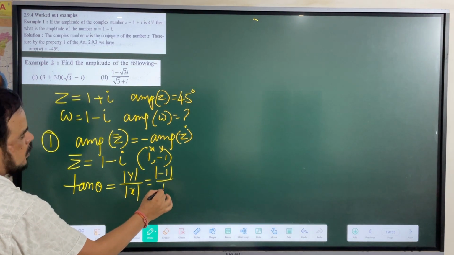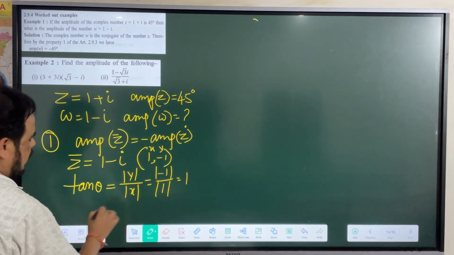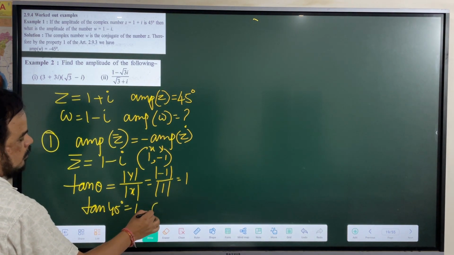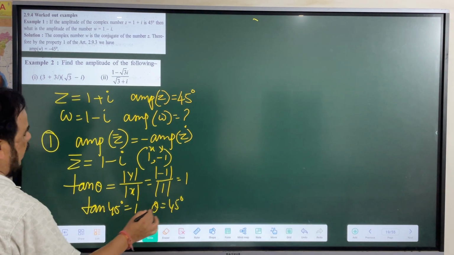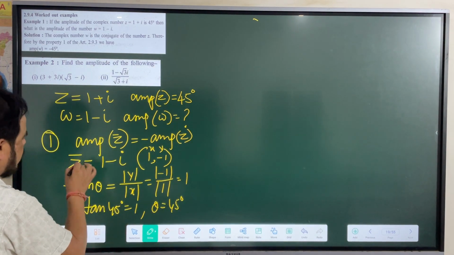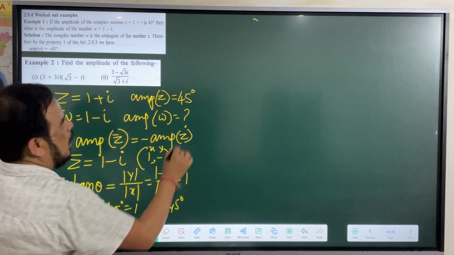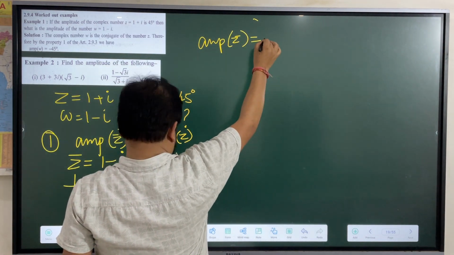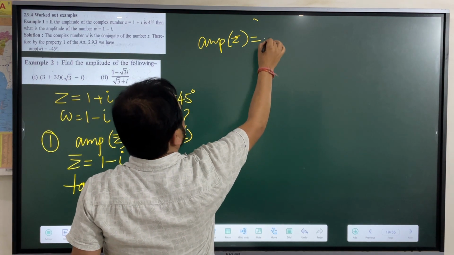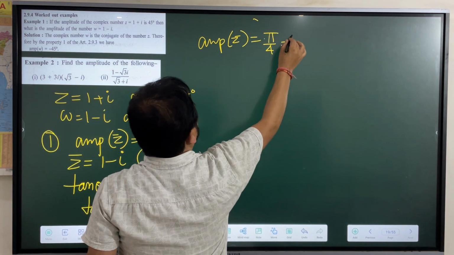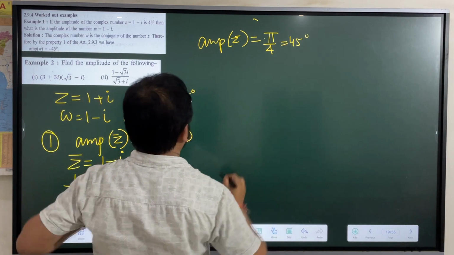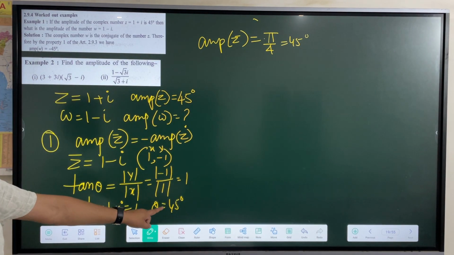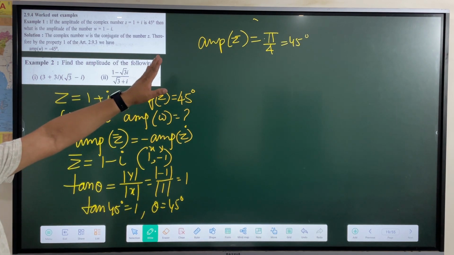Minus 1. What is X? 1. So 1 only. So tan 45 degrees is equal to 1. That is, theta is equal to 45 degrees. This theta is the amplitude. The amplitude of Z bar is pi by 4 or 45 degrees, and here 45 degrees is written.